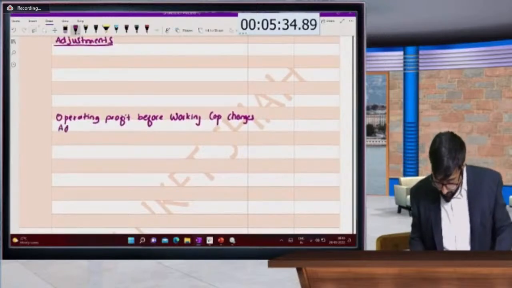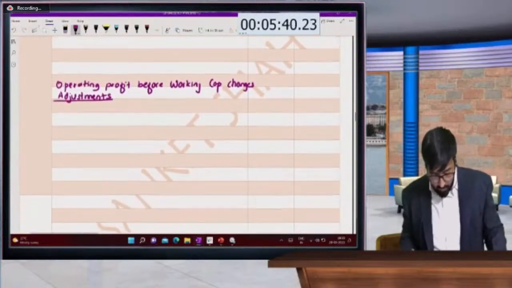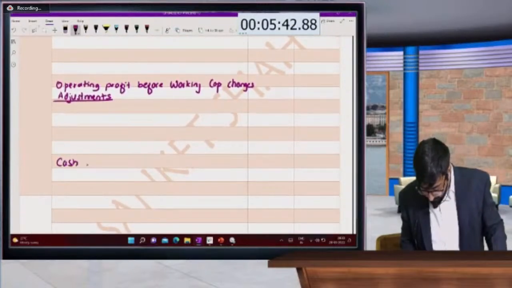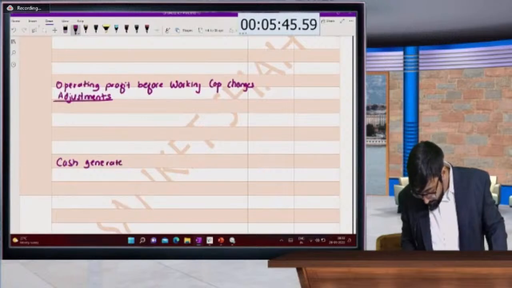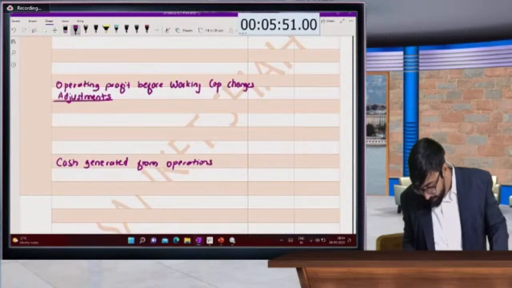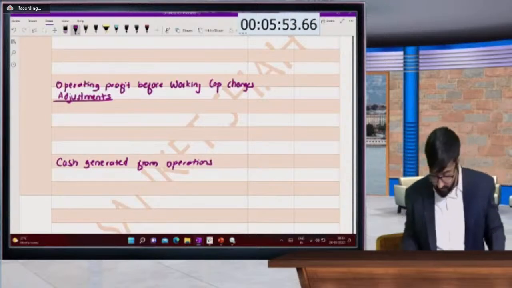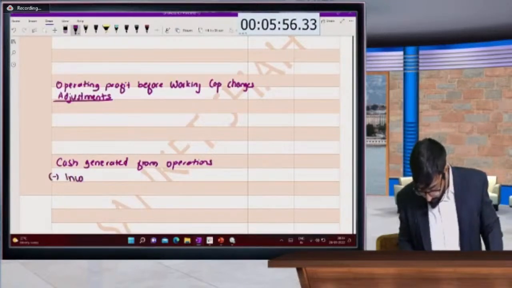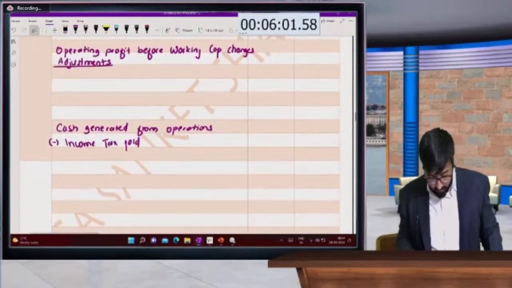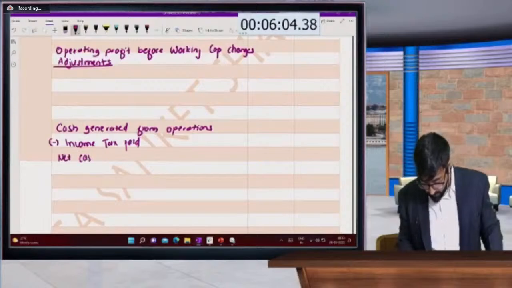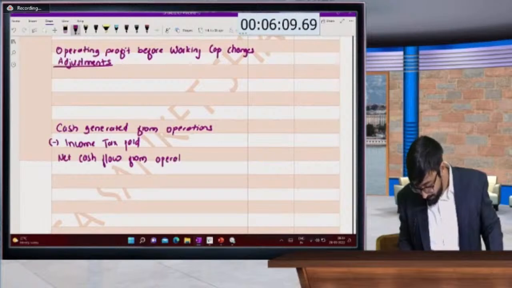Again, adjustment. Then after 4-5 lines, cash generated from operations, less income tax paid, net cash flow from operating activities.